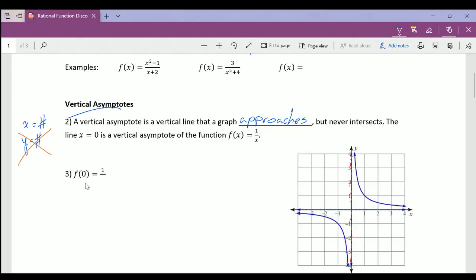So what we're saying here is for this function, 1 over x, if you plugged in 0, you would end up with 1 over 0. If you put it in your calculator, you would end up with a domain error. You're not allowed to divide by 0. That's basically the gist of it.